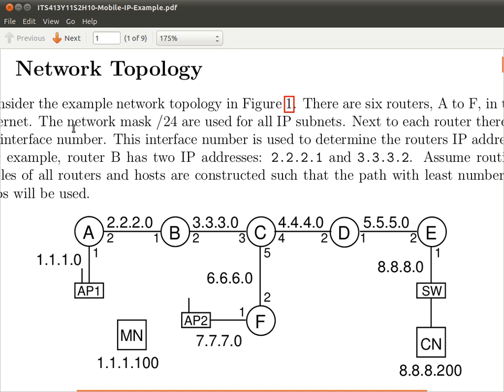Yes? What is RS? That was a router solicitation. There were two ways that we said to discover the router. One is the router periodically sends broadcasts saying, I am a router. That's a router advertisement. That's possible.